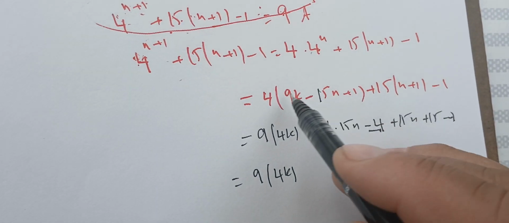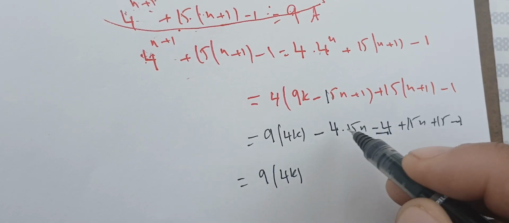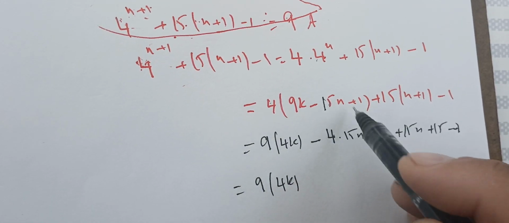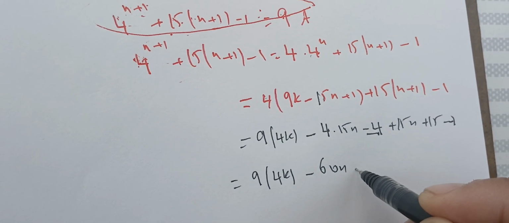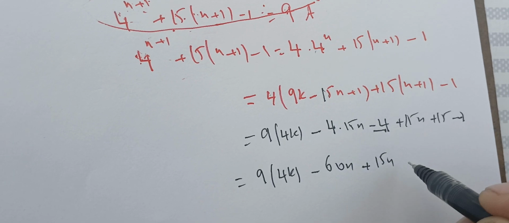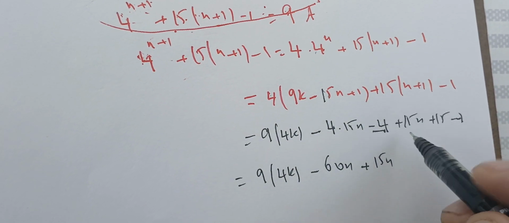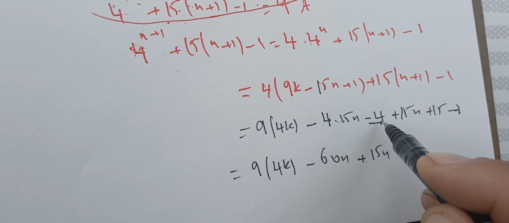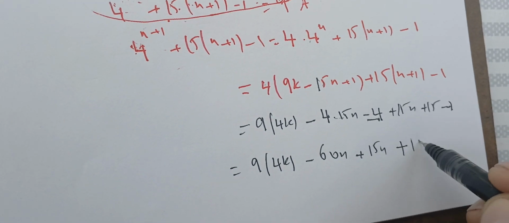Let me just simplify this one to make it easier. A good idea is just to multiply. So 4 times 15 is 60, 60n, plus 15n. And after that minus 4, so plus 10.